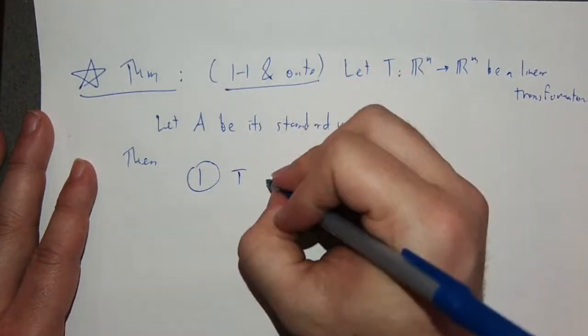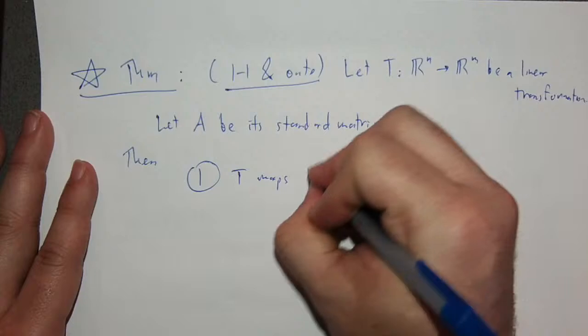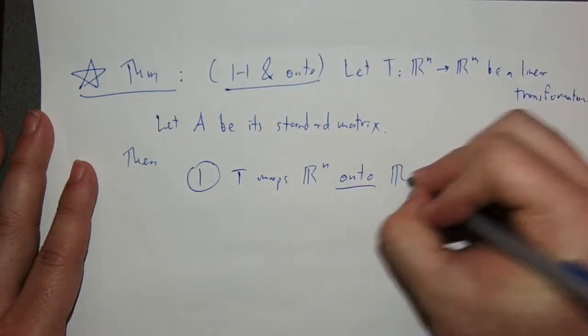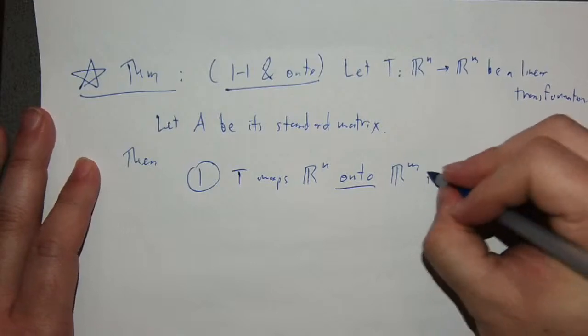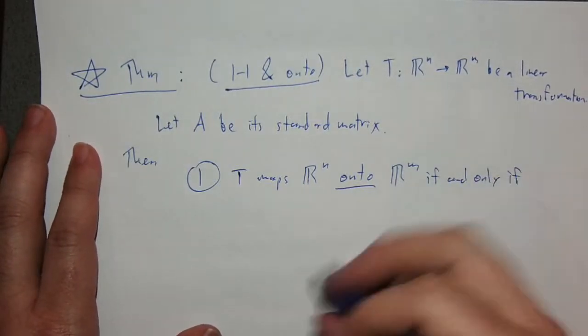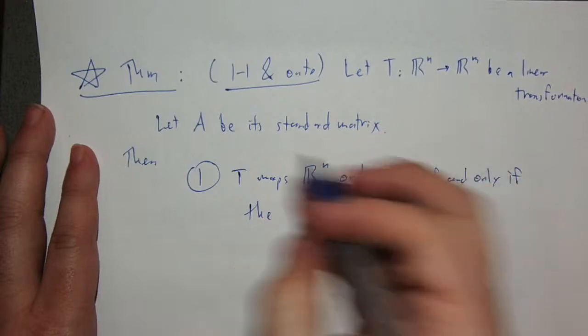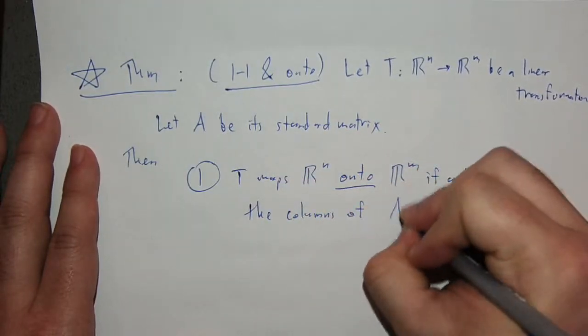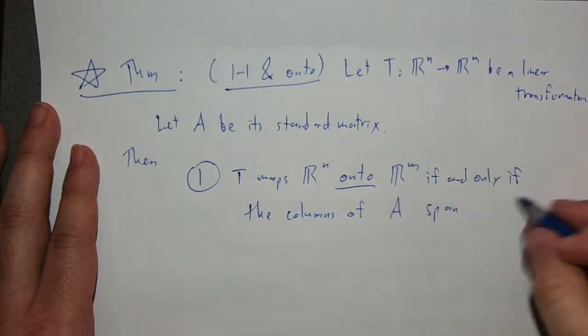T maps Rn onto Rm if and only if the columns of A span Rm.